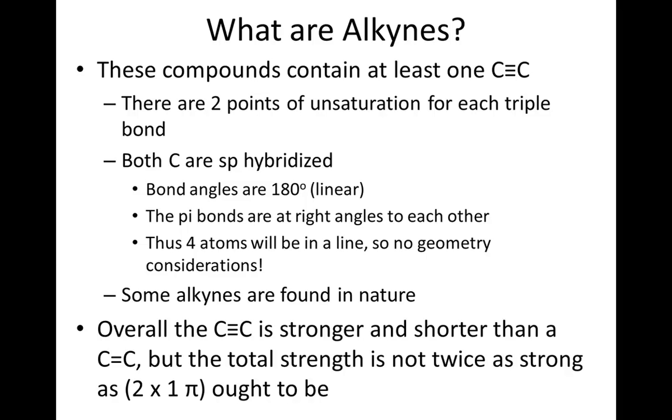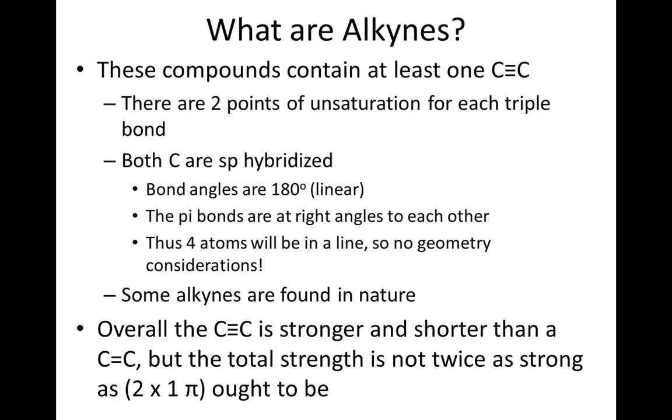And there are some naturally occurring alkynes found in nature, and of course we're also interested in how we can make them. Now you have a total of 3 bonds between these 2 carbons.